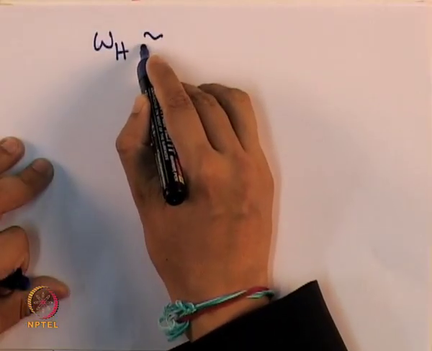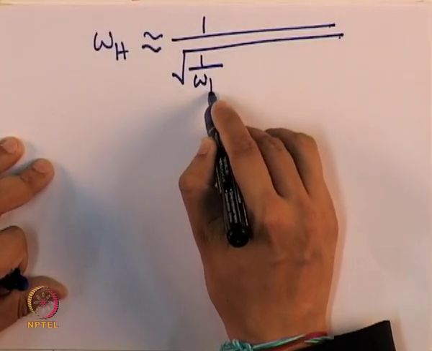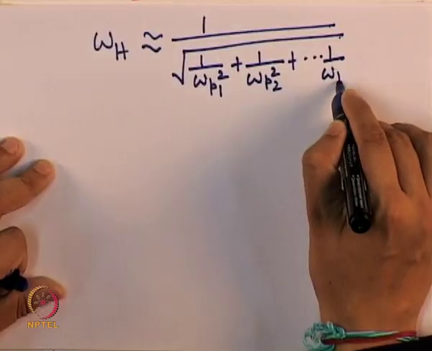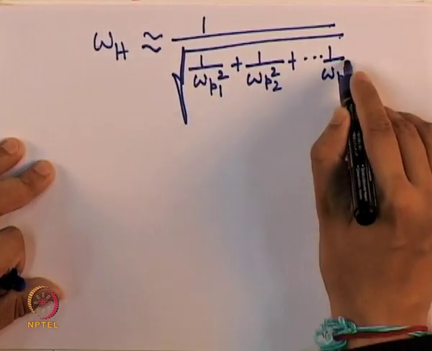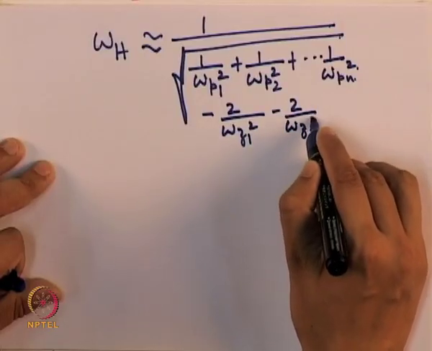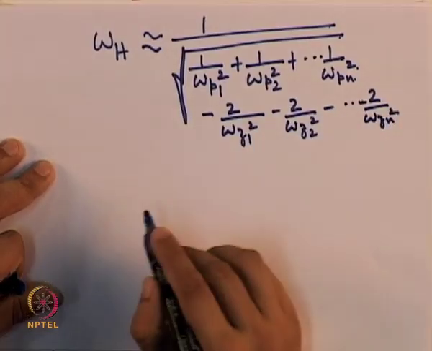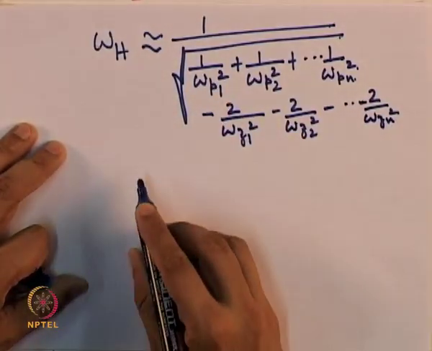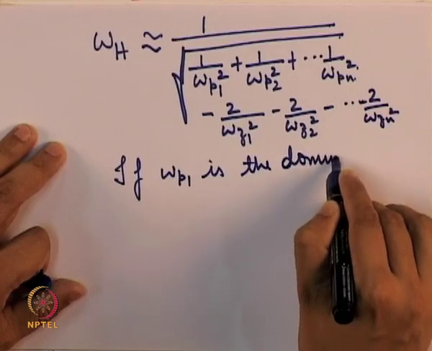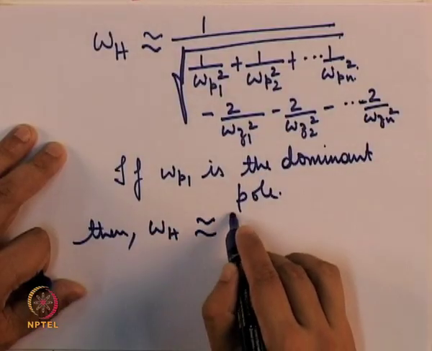So, the general formula is, if omega p1 is the dominant pole, then this omega h is nearly equal to omega p1.